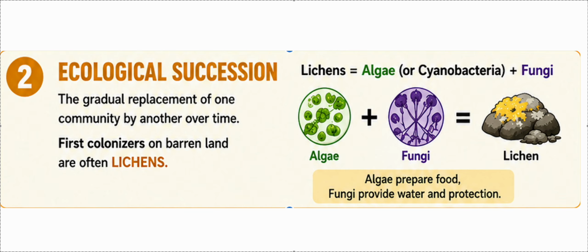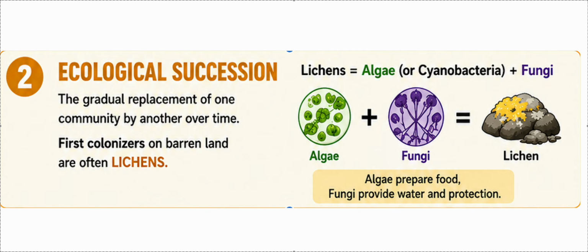Another example: after a volcanic eruption, initially there is nothing, then after some time lichens will grow, and after that mosses will grow. After many years, grasses, then shrubs, then trees. This is primary succession. Why do lichens come first?